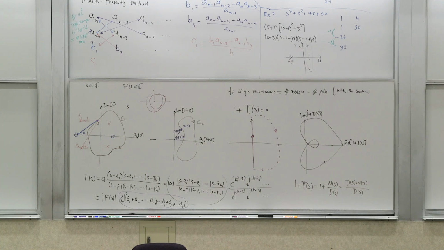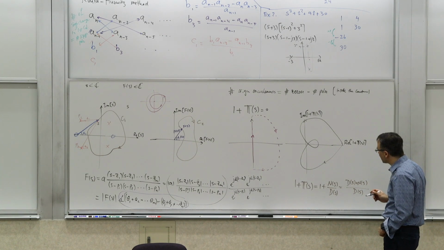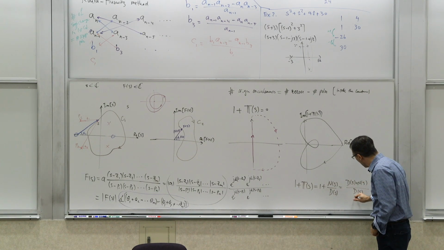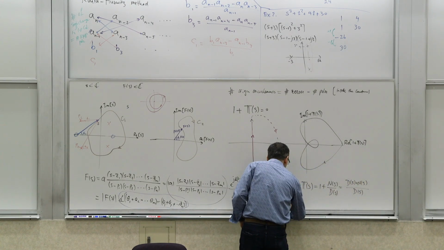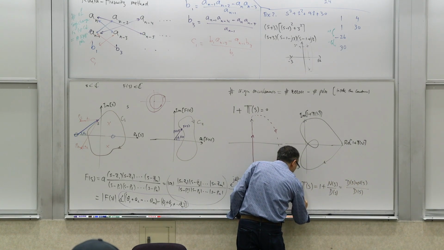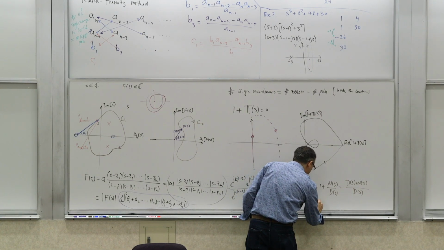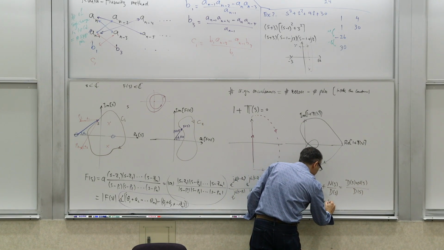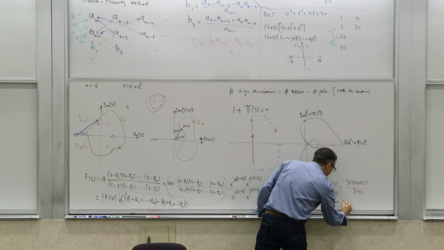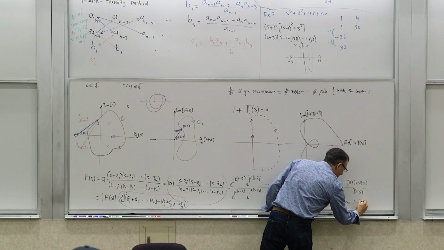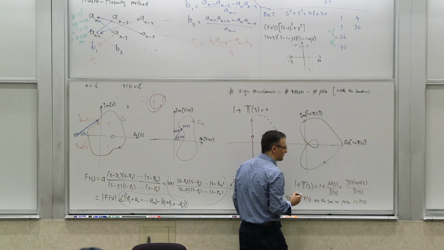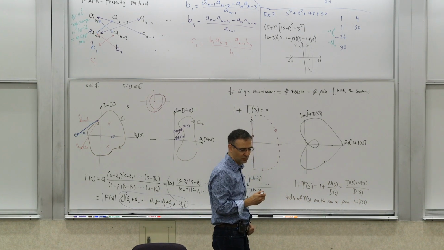Okay? So one of the things that you can tell is that the poles of T of s are the same as the poles of 1 plus T of s. Right?